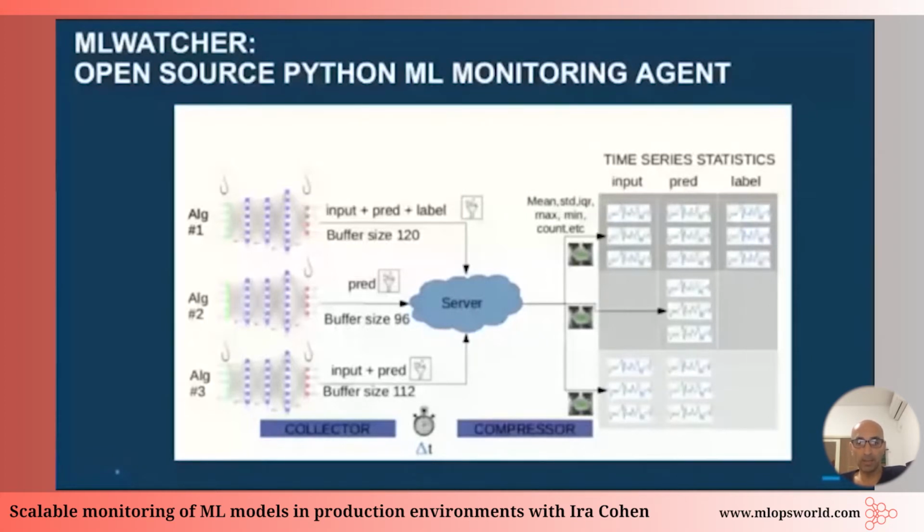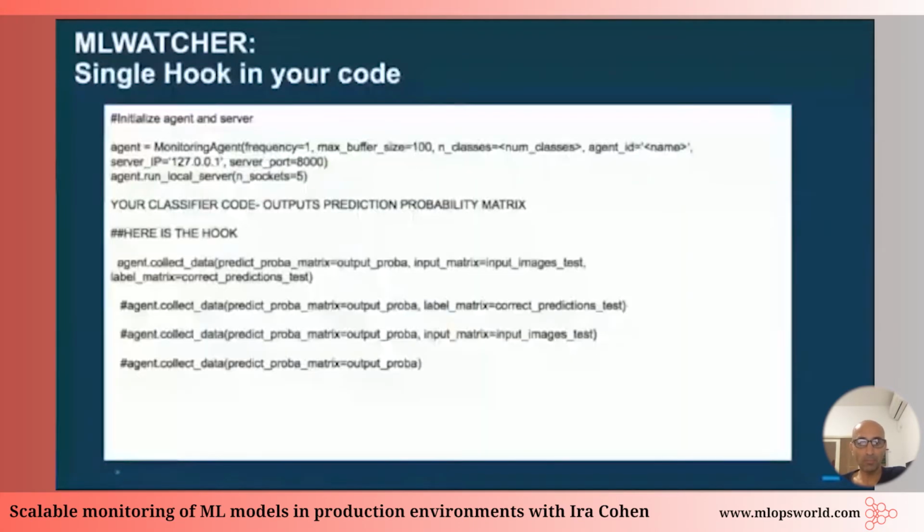And then that gets collected over time, and you can look at these time series of the input distribution, the predicted values, and if you have the accuracies, you can also look at the accuracies over time, and start to track the changes that happen. This is the code that you need to wrap around your code.